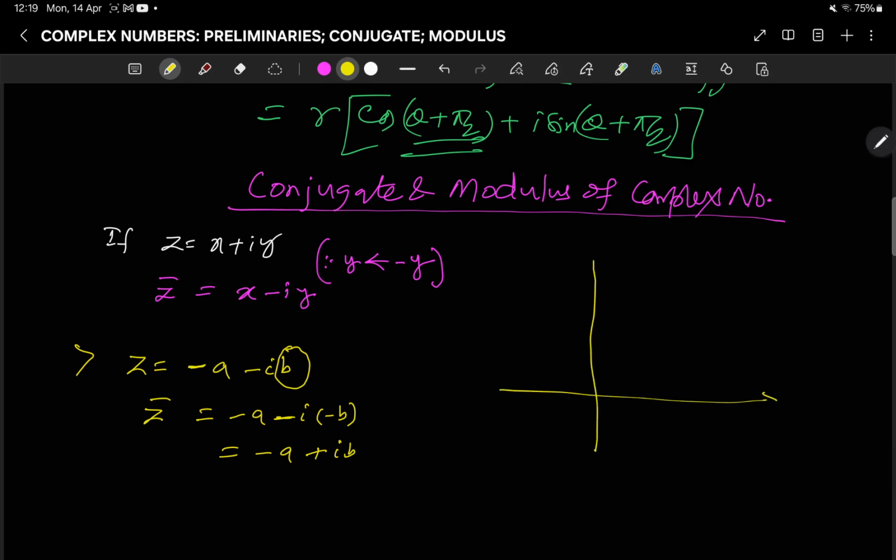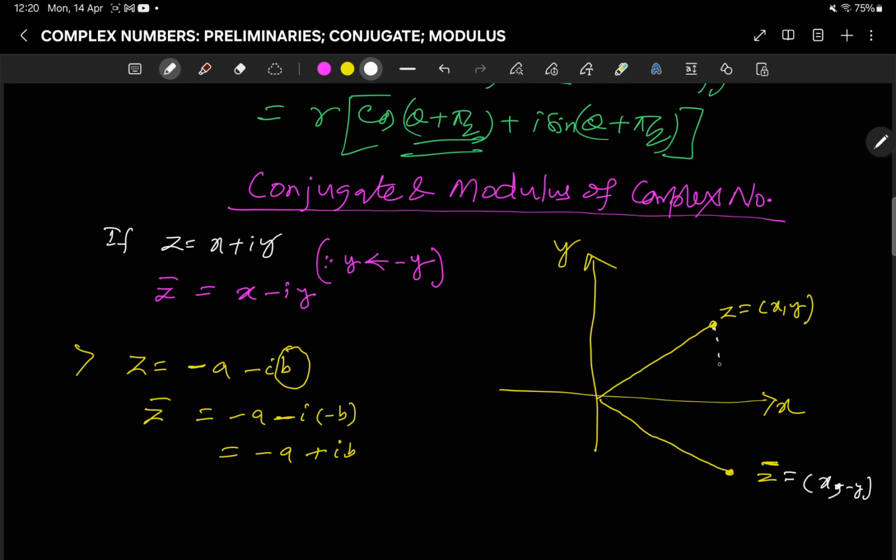Geometrically, if you think of its representation, if this is my x and this is my y, and this is my z, the point (x, y), then my z conjugate will be here, the point (x, minus y).